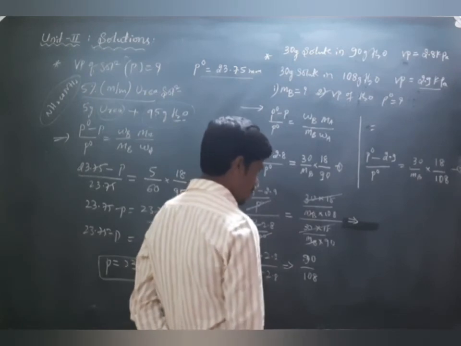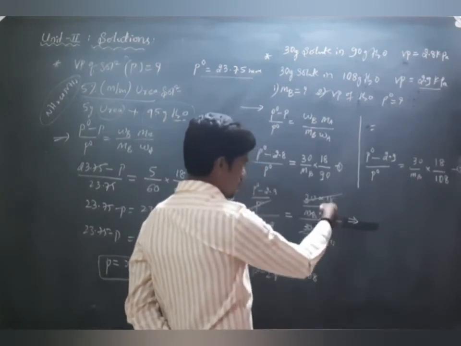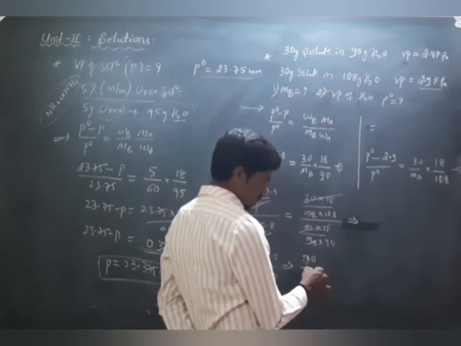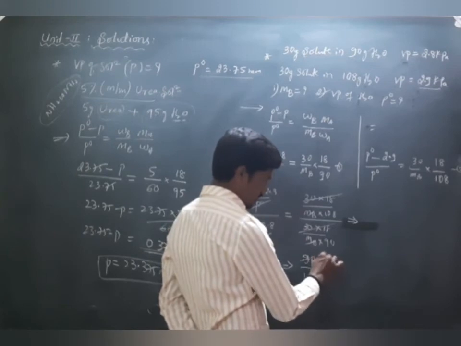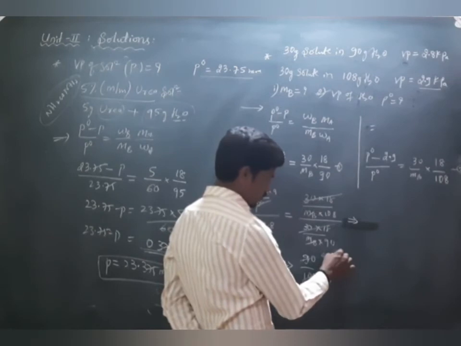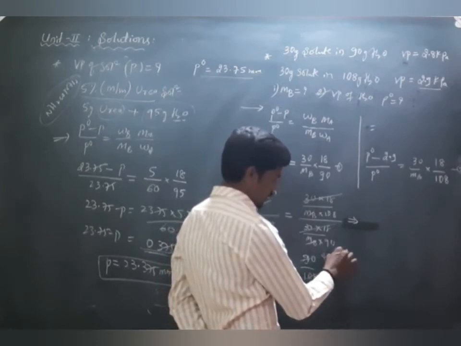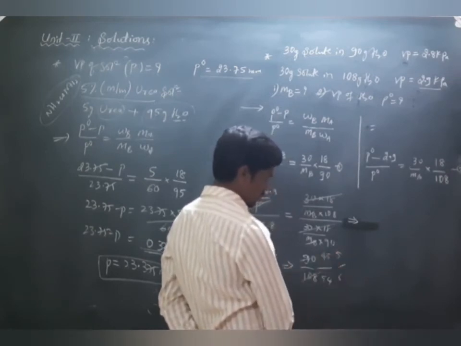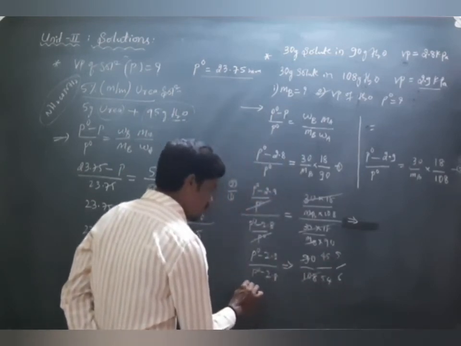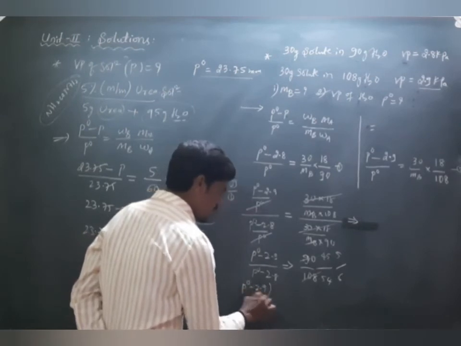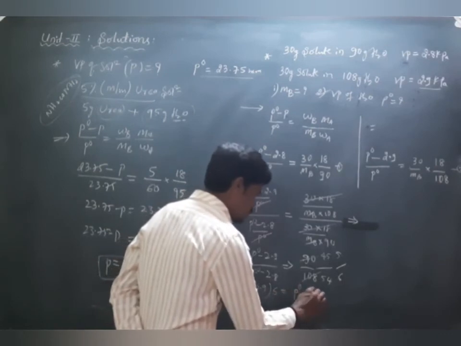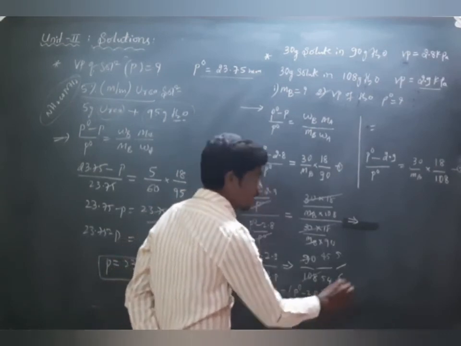Let's simplify: divide by 18, so it is 5 by 6. So simplify: (P naught minus 2.9) into 6 is equal to (P naught minus 2.8) into 5.